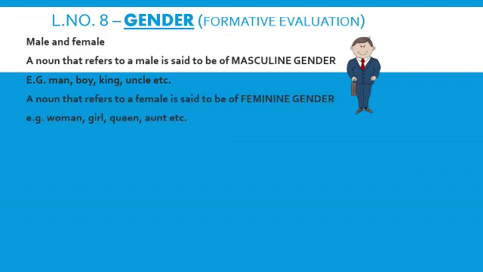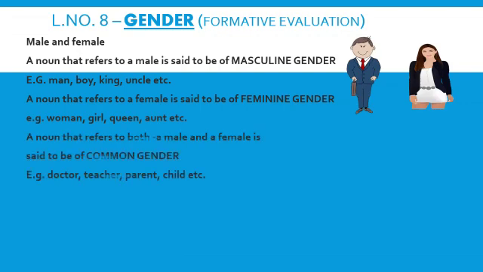A noun that refers to a female is said to be of the feminine gender. That is, woman, girl, queen, aunt, etc. So all those who are ladies or women belong to the feminine gender. The third one is a noun that refers to both a male and a female, said to be of common gender.